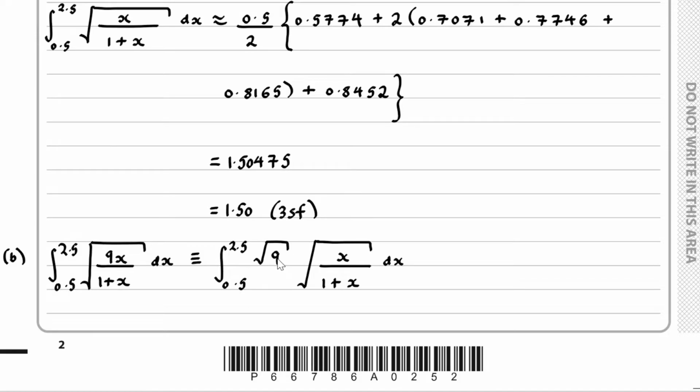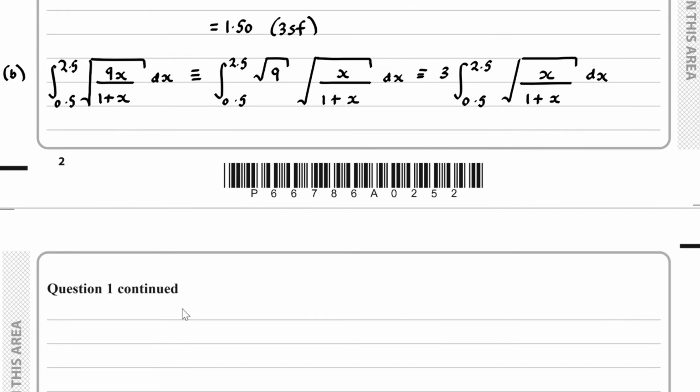And the square root of 9, that's 3. So if I take this 3 outside the integral, we have over here 3 lots of the integral between 0.5 and 2.5 of the square root of x over 1 plus x with respect to x.